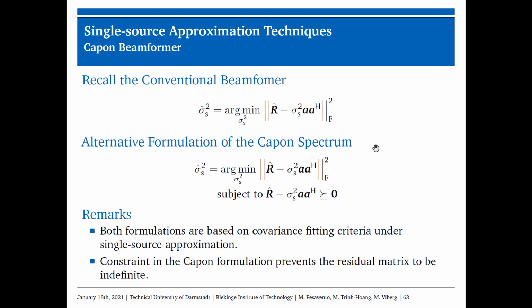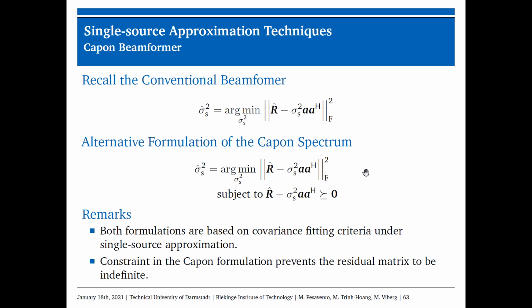Although the expressions of the beamformer spectra that we saw before are quite different, in fact they share a common background. The Capon beamformer and the conventional beamformer can both be considered as a solution of a covariance matching problem.